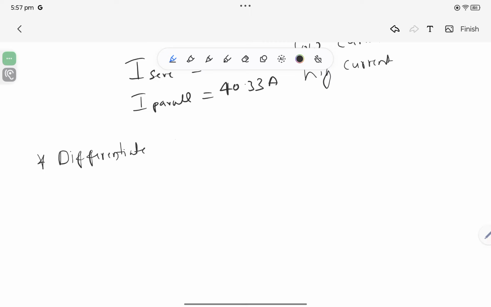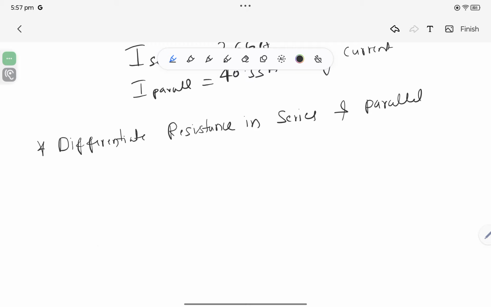Differentiate resistors in series and parallel. Resistors in series connection, parallel connection.